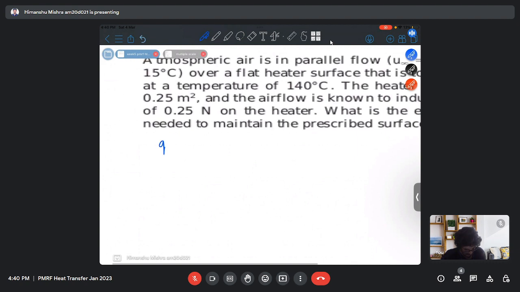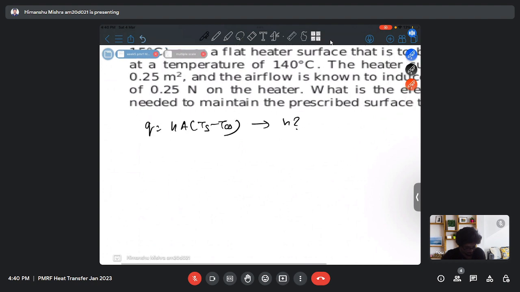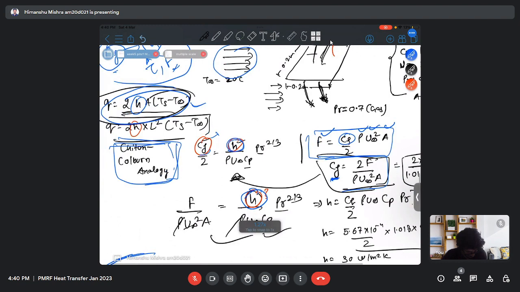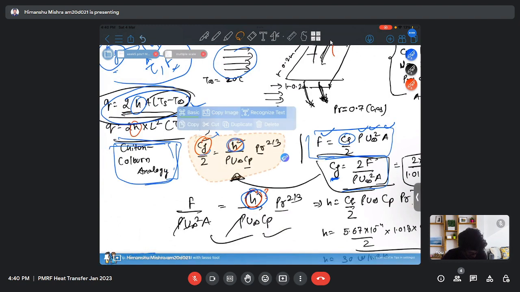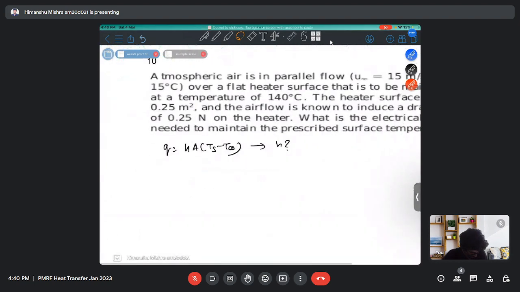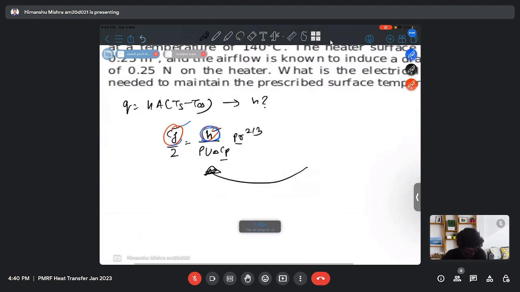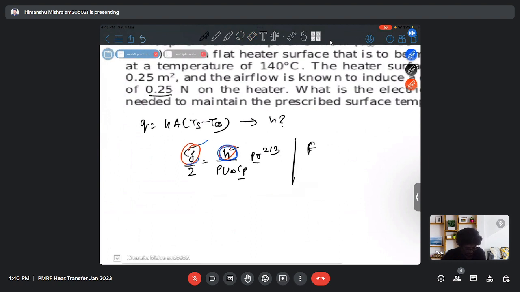We need to find the heat transfer, which can be given by Newton's law of cooling. And we know that h is unknown, so we will be using the same relation. We are given the drag force also, which is 0.25 Newton.